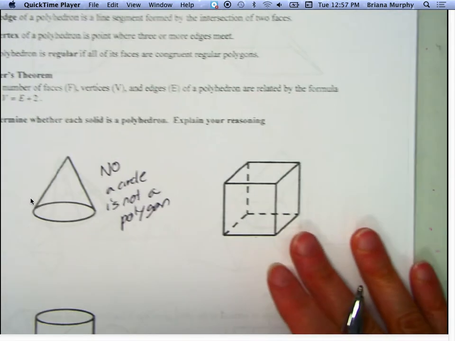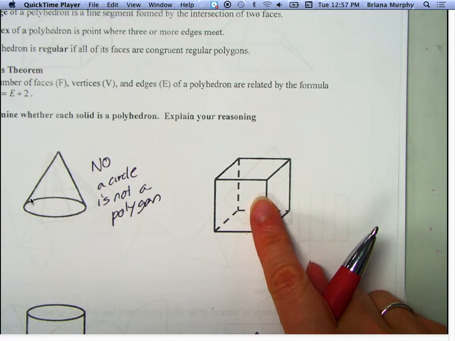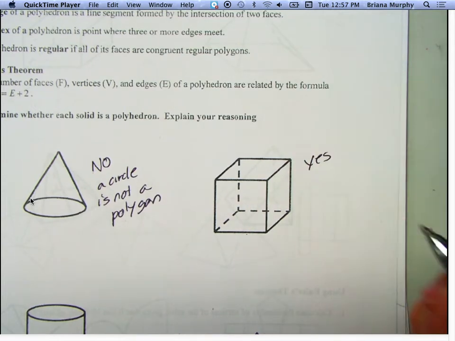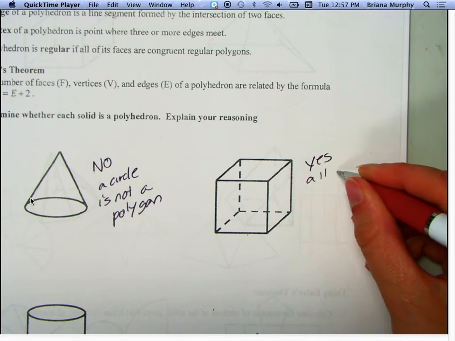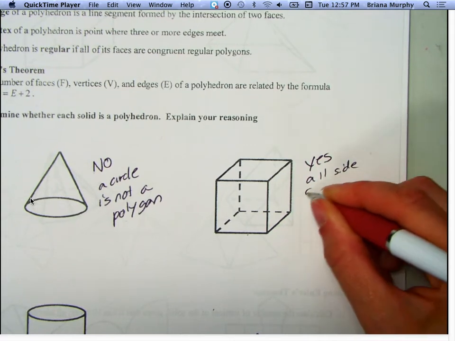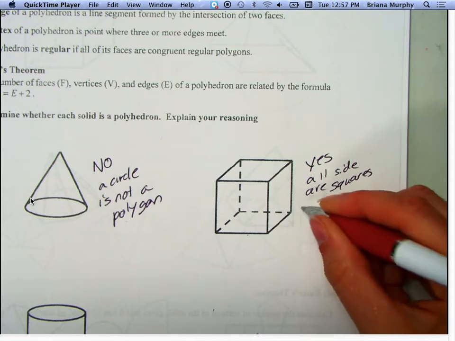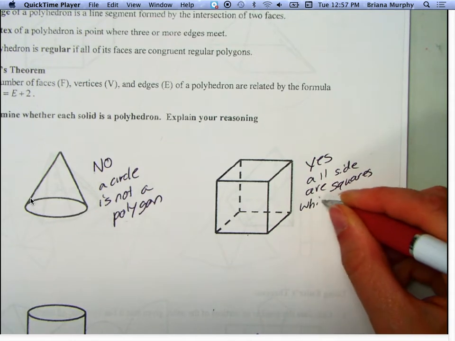Okay. Is this shape a polyhedron? Yes. All sides are squares, which are polygons.